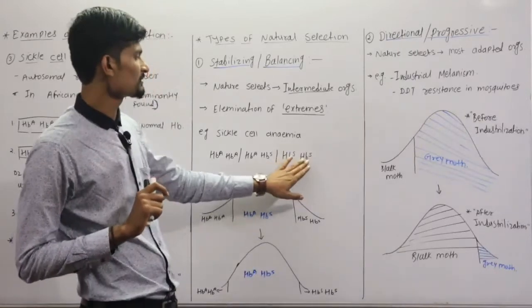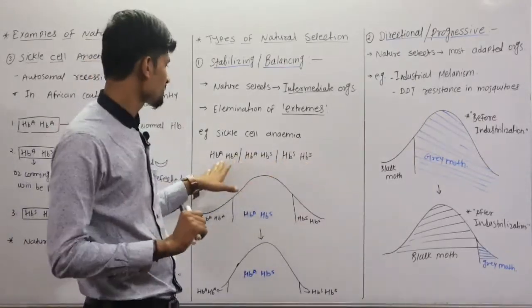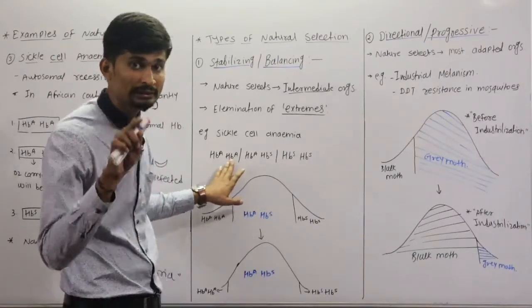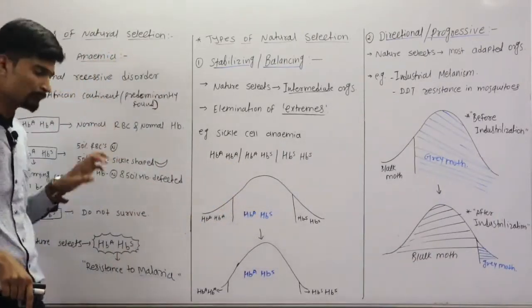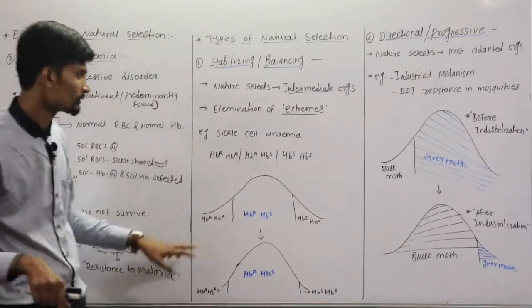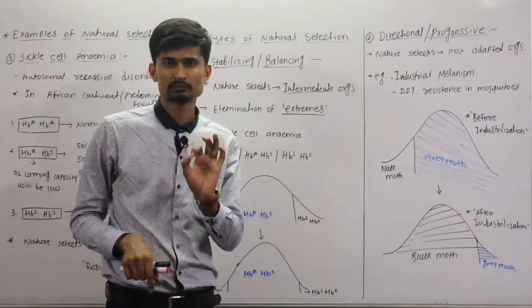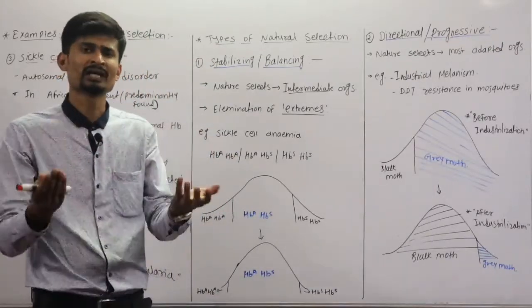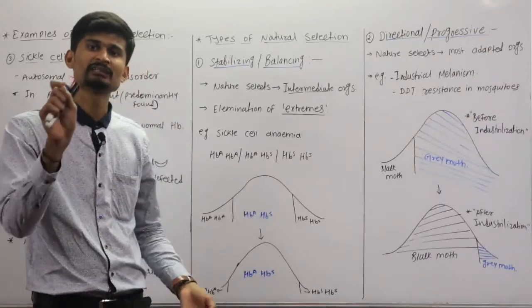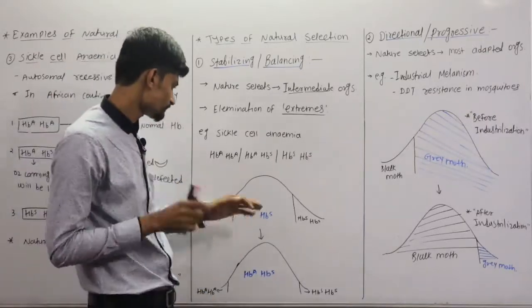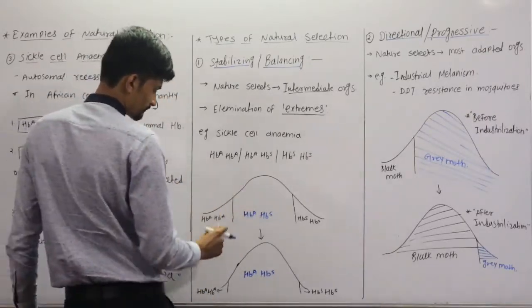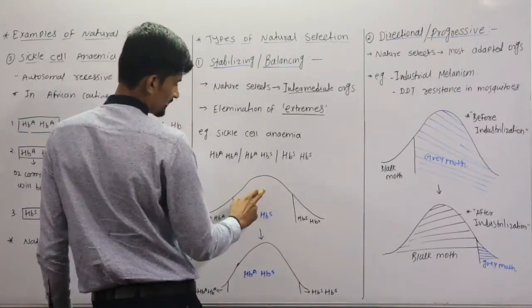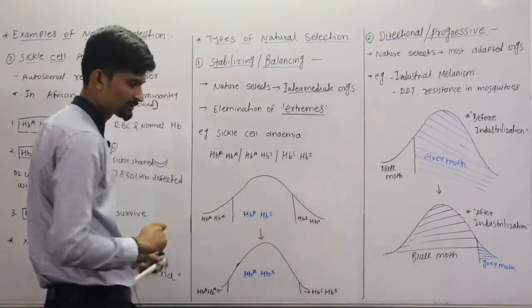So HbS HbS cannot live, HbA HbA has no problem, but it is a problematic condition in the African region because of the malaria disease. So what happened? HbA HbS is the most favorable condition in that region. So nature selects HbA HbS.